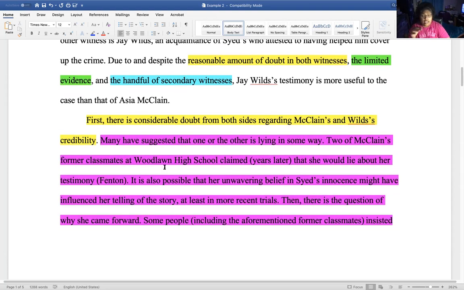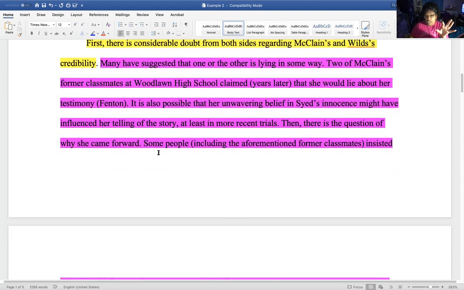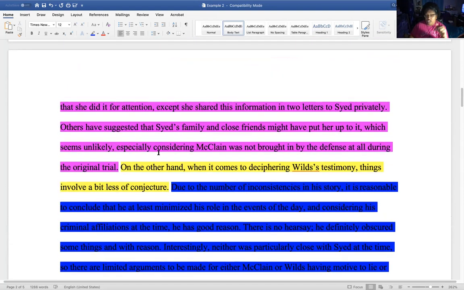What you don't want is to switch the order in your body paragraphs, because this paper is very, very structured. If you're going to talk about Asia first, then you're going to talk about Asia first in all your body paragraphs. You're not going to switch them. And that's what she did. She made sure that she talked about Asia first and then Jay second.